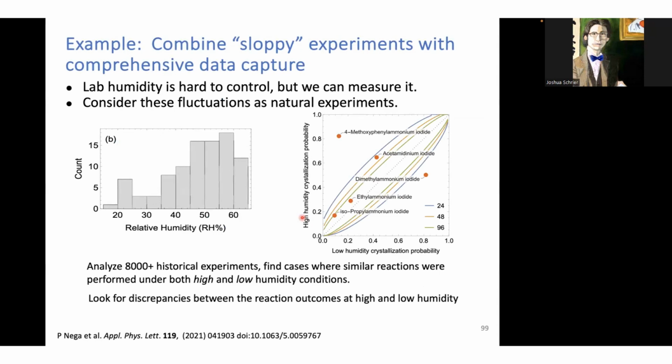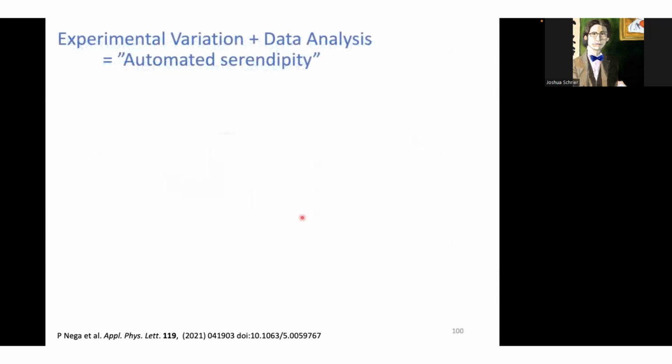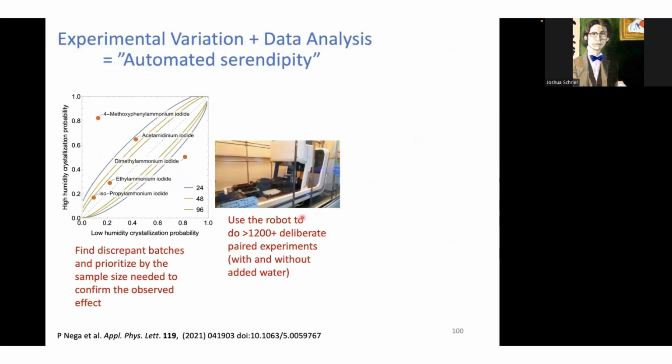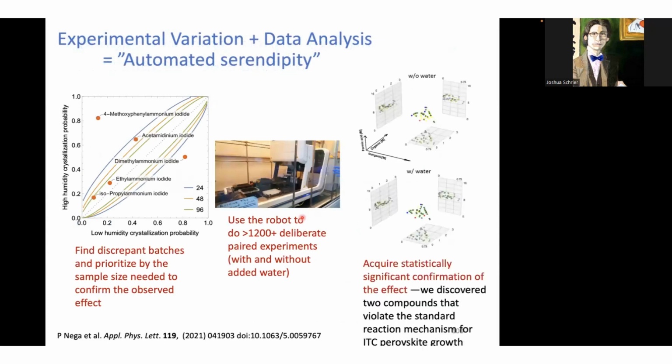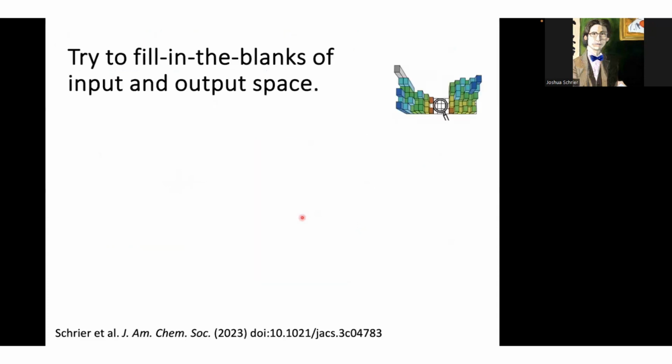And then, using a simple statistical model, you can prioritize which ones are effects that might be easier to observe, and then just use the robot to run deliberate controlled experiments that then test those hypotheses, right? So we call that automated serendipity. So that's certainly another approach.